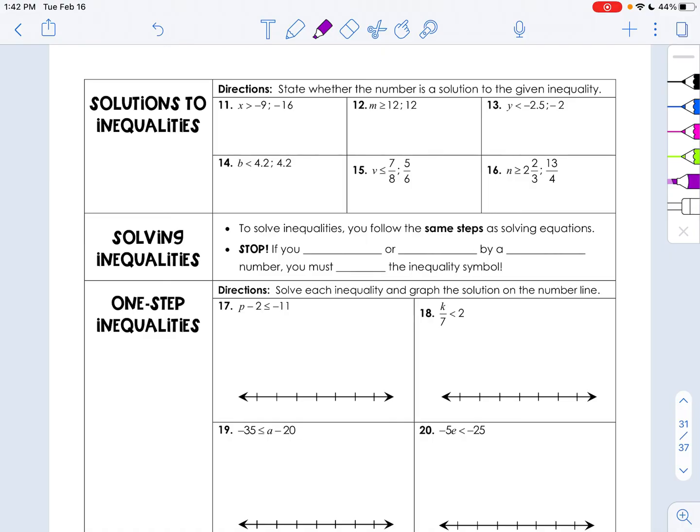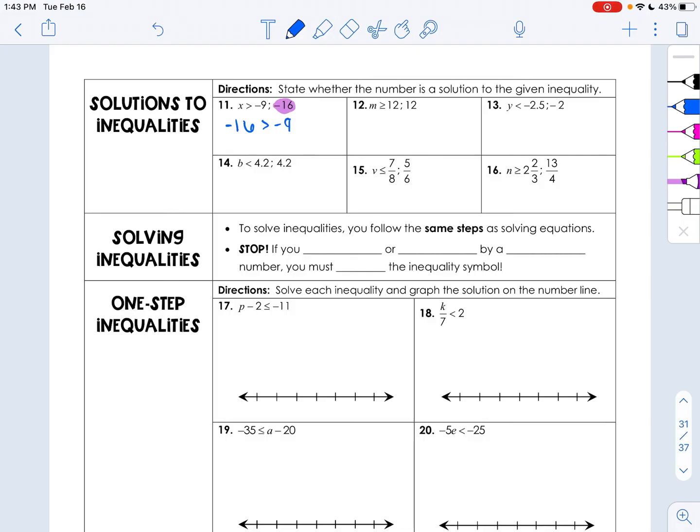And we want to know if negative 16 is a solution to this inequality. To determine if it's a solution, you're going to replace x with the number. So we're going to rewrite this statement as negative 16 is greater than negative 9.